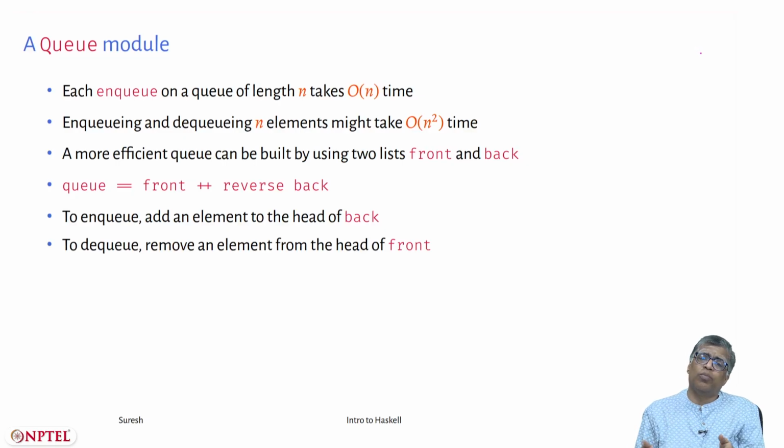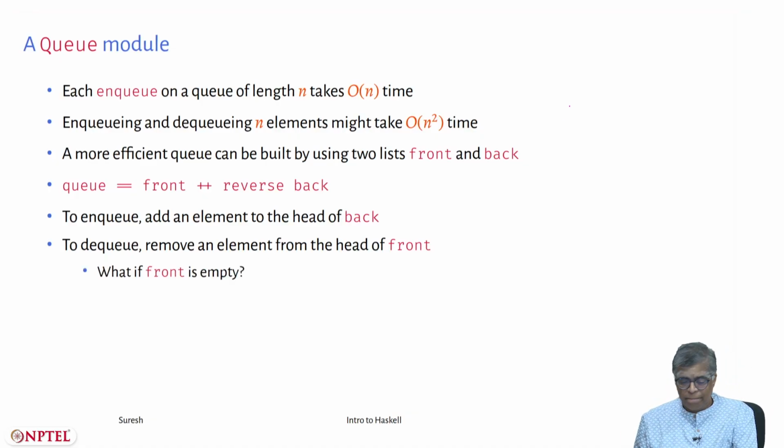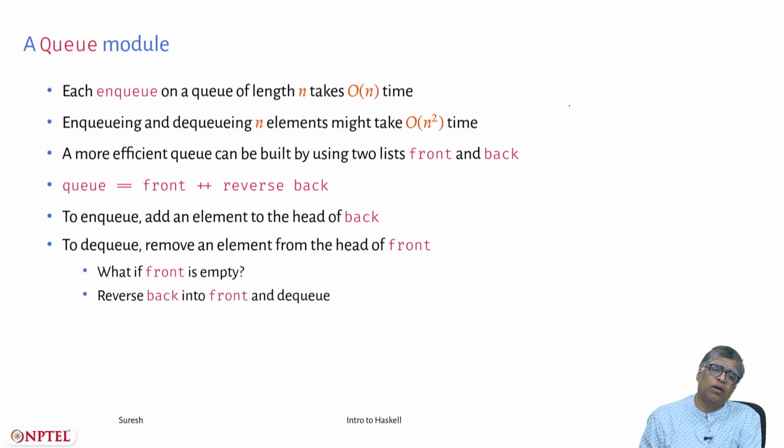To DQ, you have to remove an element from the front, and that calculation is much simpler, except when front is empty. What if front is empty? Then you have to reverse back into front and DQ. Once again, let's do the calculation. Q equals front plus reverse of back.